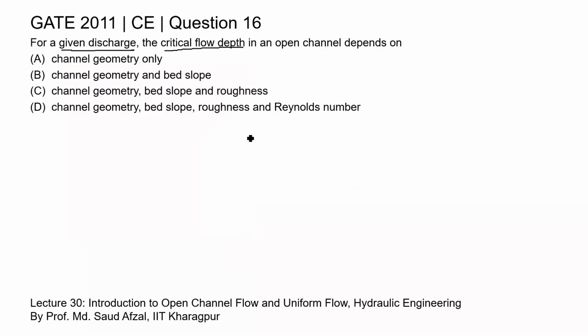If we see the options, in option A, channel geometry only, yes. Why? Because yc = (q²/g)^(1/3), where q depends on the width of the channel. So we may say that critical flow depth in an open channel depends on channel geometry only.